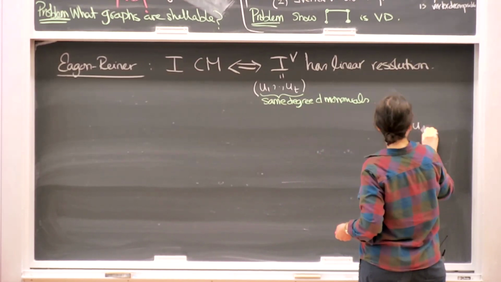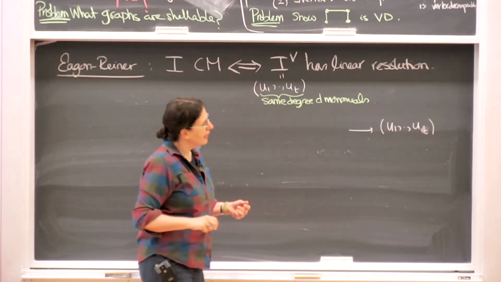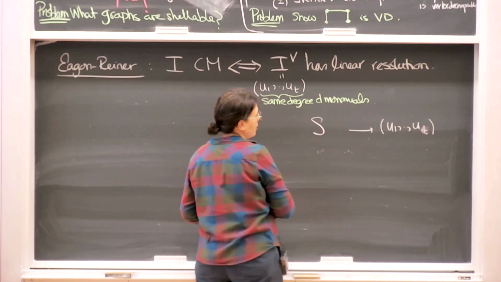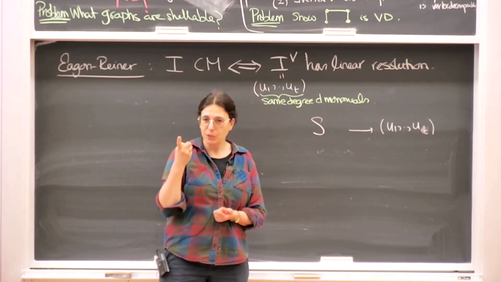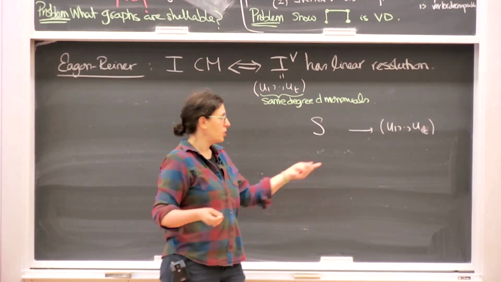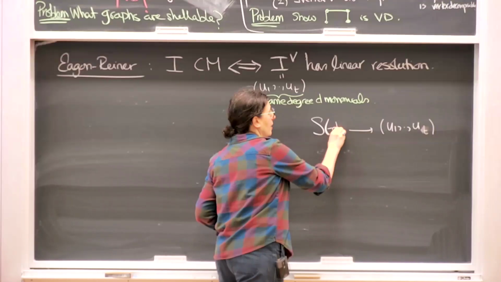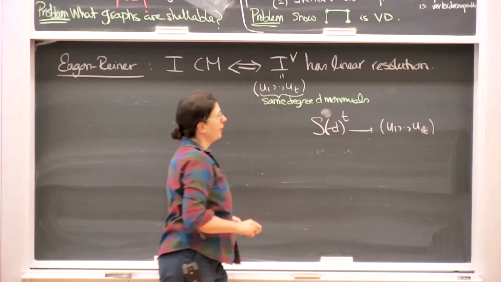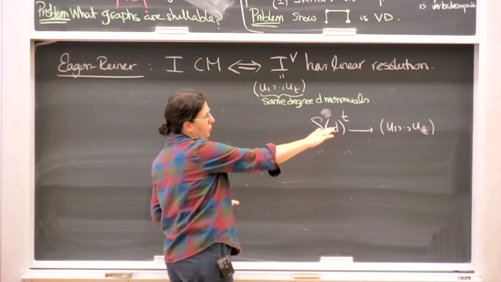so I have T things, and I want to resolve that. The first thing I do is I need T copies of S, my polynomial ring, and I need to twist it by the degree of my syzygy. In this case, it's just D, so it's S minus D. So this much is just guaranteed.